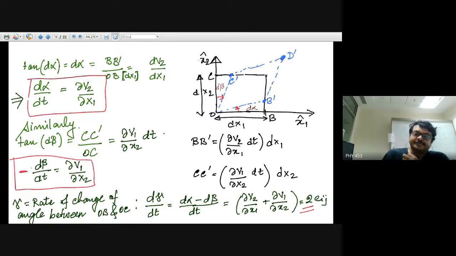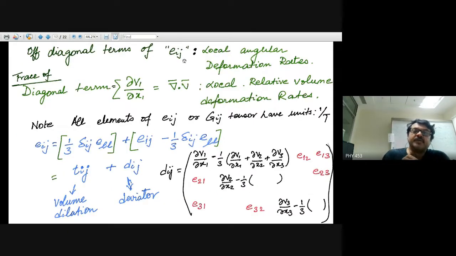Thereby, the off diagonal terms of Eij give the local angular deformation rates. The diagonal elements give the relative change in volume, whereas the off diagonal terms give the local angular deformation rates, right? So trace the diagonal term ∂v1/∂x1 and sum over all the three directions.